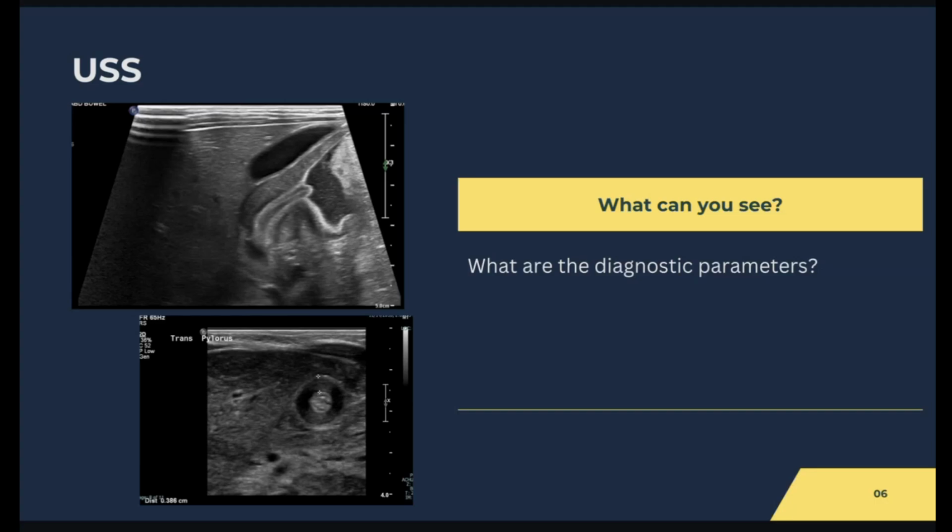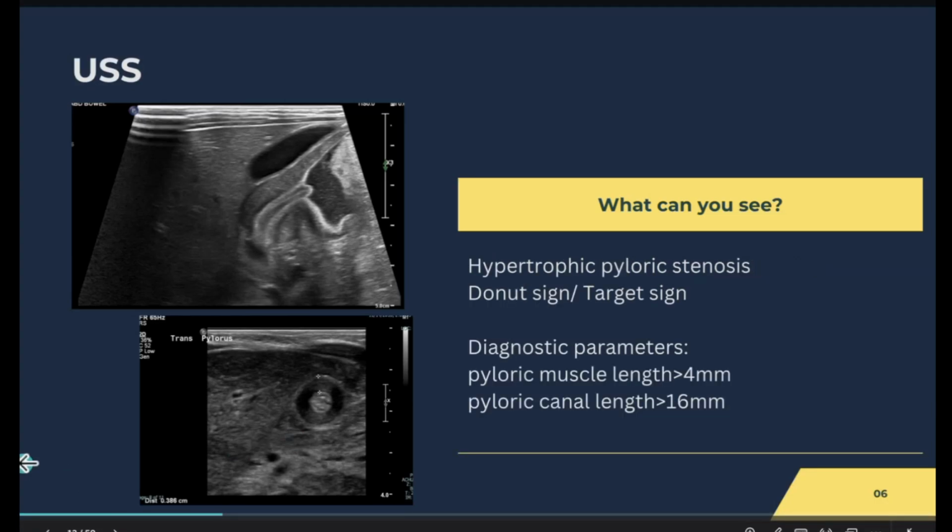So this is a target sign or a donut sign, as you can see, especially here. And one of you mentioned bird beak sign as well. That's more common when a vascular structure looks like a bird's beak, and it's more likely an obstruction or volvulus. So yes, this is a donut sign or target sign that you can see here.